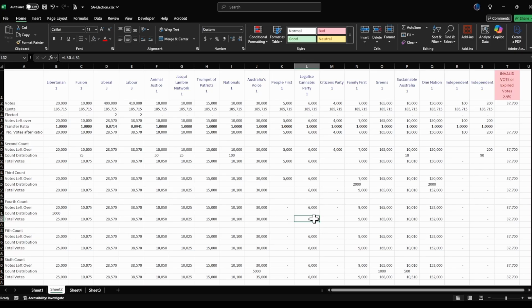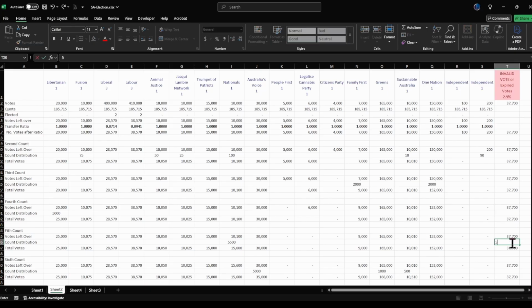So with that, we have, say, 6,000 taken from here and then spread out amongst their preferences. Let's say for our situation that 5,500 went to this party, but 500 of those votes had actually expired because they'd gone past their 6 and all their parties had been knocked out.